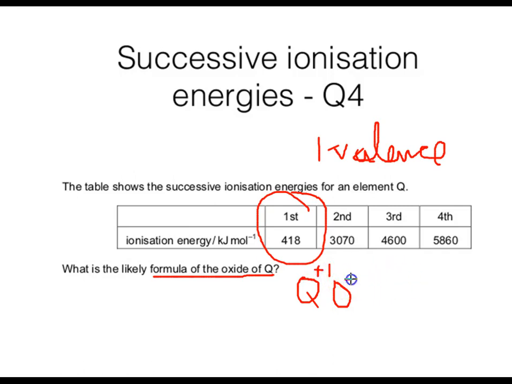Now, oxygen, we know, wants to gain 2 electrons, so it's going to be -2. So put them together, and the formula would be Q2O. Sorry about that line through the O, but Q2O would be the likely formula. Okay, hopefully that makes sense.